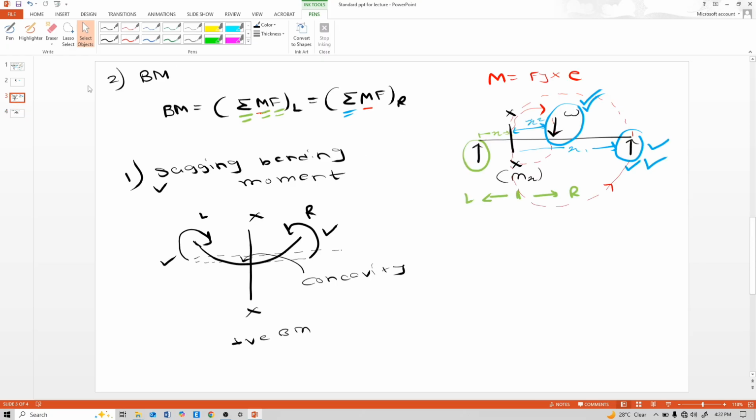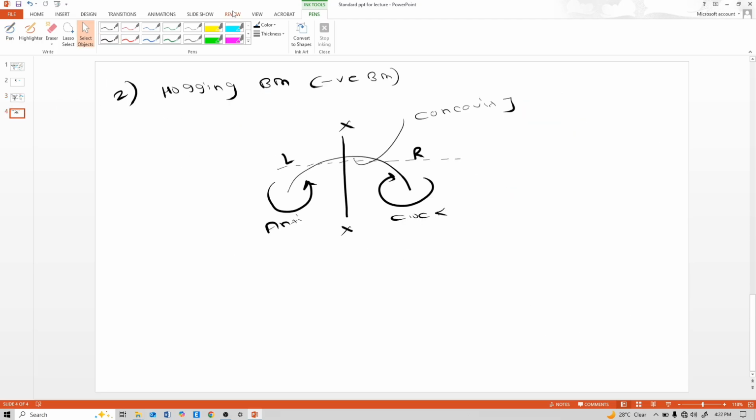This can be represented by like this also. Positive bending moment or negative bending moment.